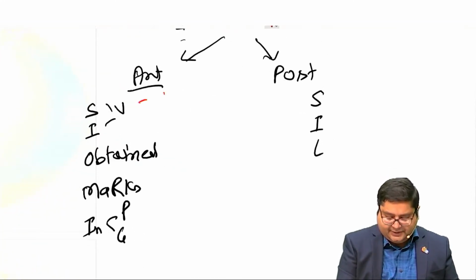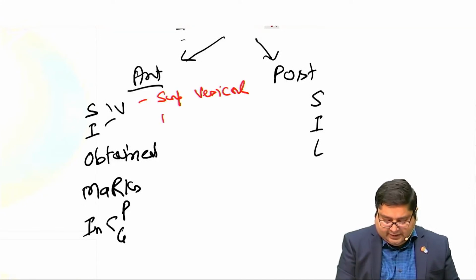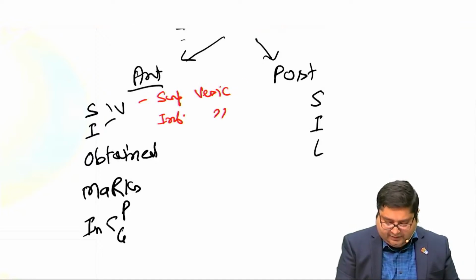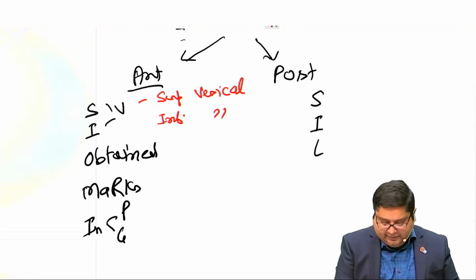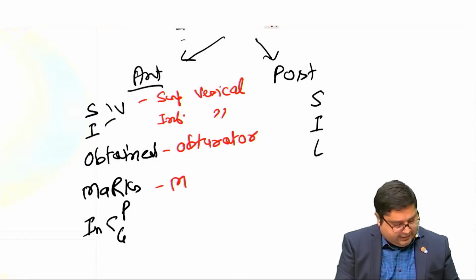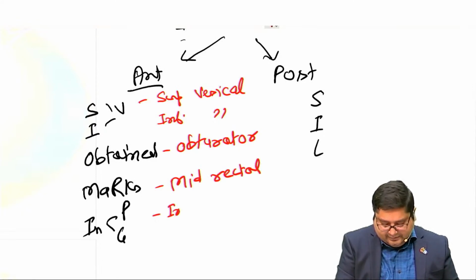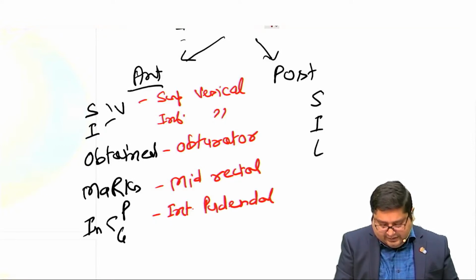Very good, beta. Shabash. Now here we have superior vesical artery, inferior vesical artery, and obturator artery, middle rectal artery, internal pudendal artery, and inferior gluteal artery.